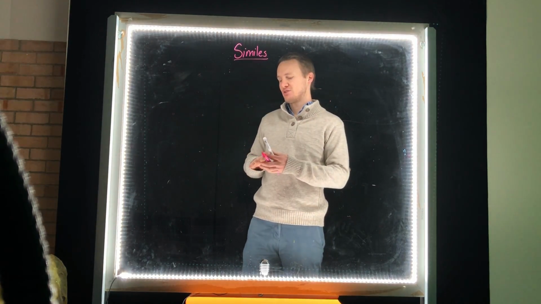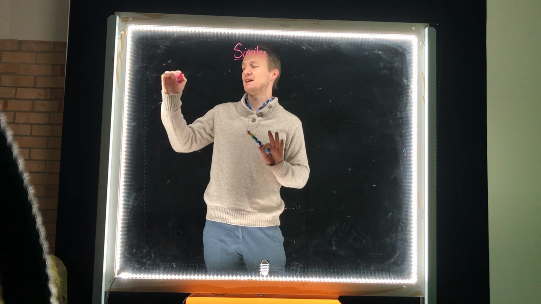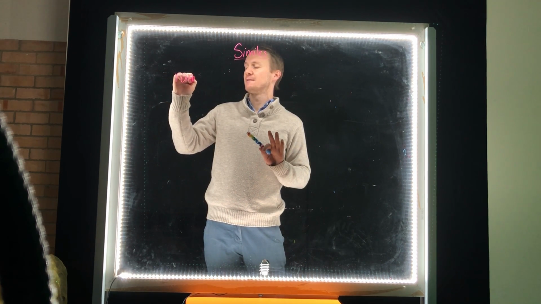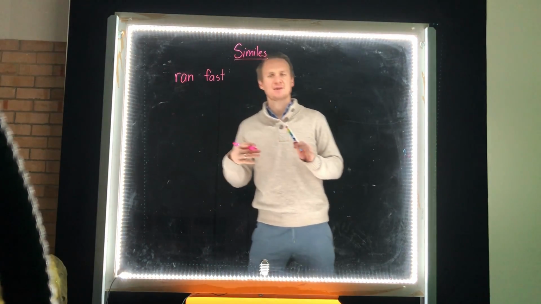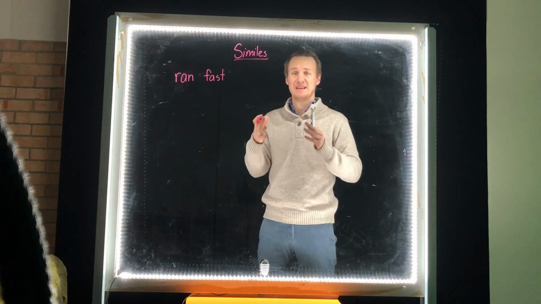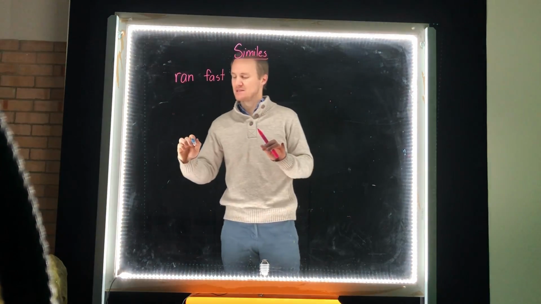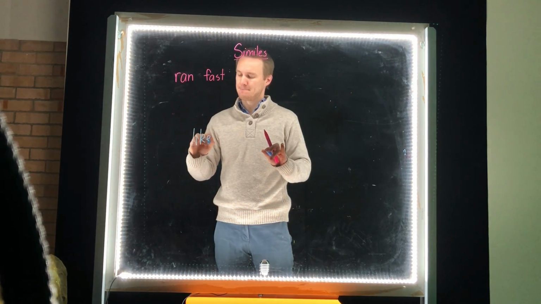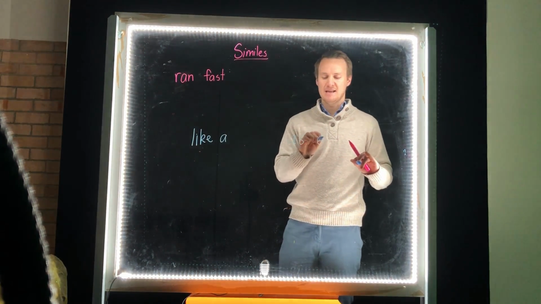The way we do that usually is, if we're writing that someone ran fast, instead of saying they ran fast, we compare it to something else that runs really fast. And the way that we do that is by using either the words like a or as a.